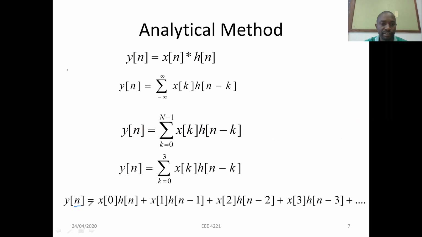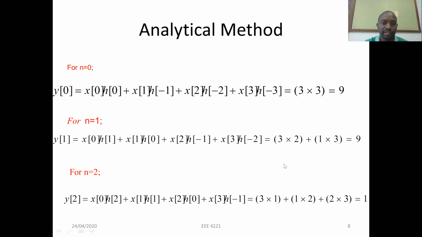Wherever there's n, we put a 1. We put a 1 here, this will be 0. And then we substitute everywhere there's n with 1. Then you end up with the equation as shown in the next slide. Basically, you end up with the second equation here.